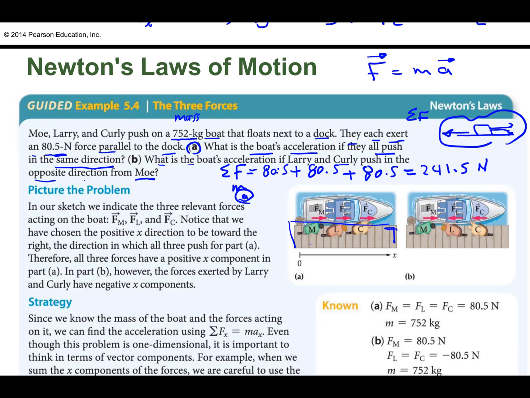Sure, we can take Moe in one direction and Larry and Curly in the opposite direction, and then the summation of force will be a positive sign. If you take the other choice, you will have a negative sign, but it depends on which direction Larry and Curly or Moe push the boat.